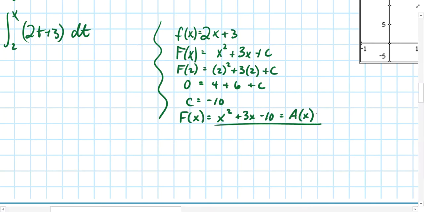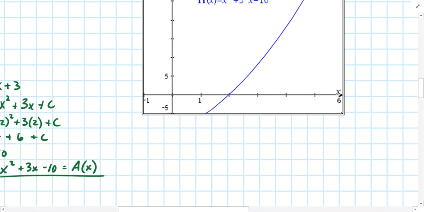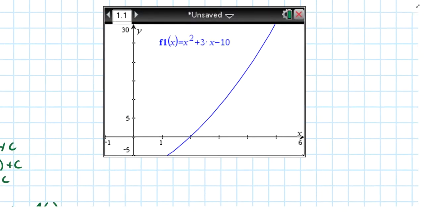Now, in the notes, I did provide a graph of this function over here, and hopefully we can see this result. When x is 2, the area ends up being 0. When x is 3, it's kind of hard to tell, but the area would be the y result on that function. When x is 4 or 5 or so on, we can now calculate the area by simply substituting x into this formula.